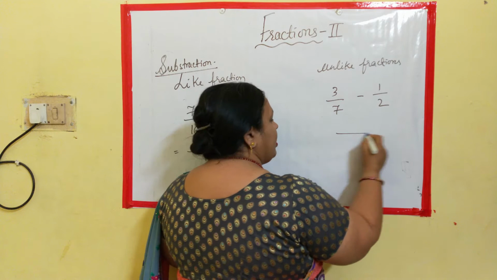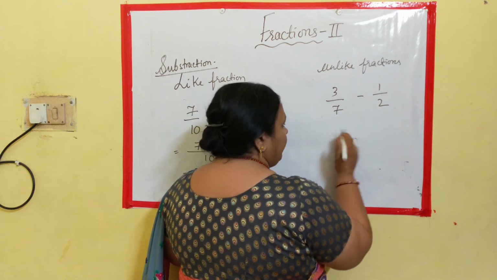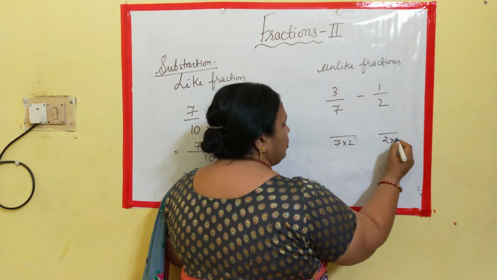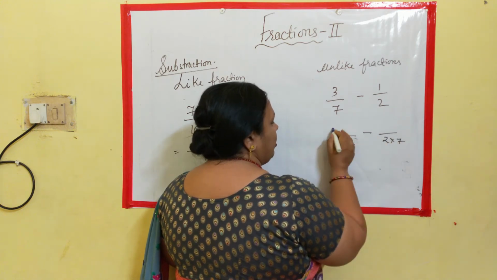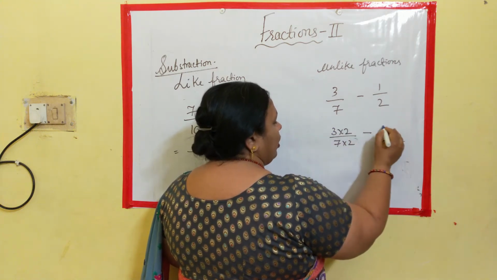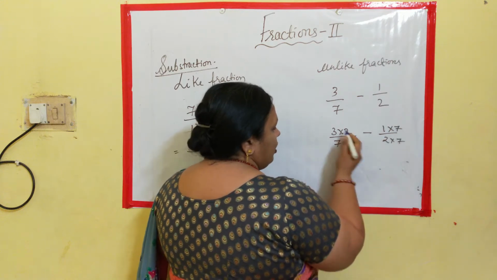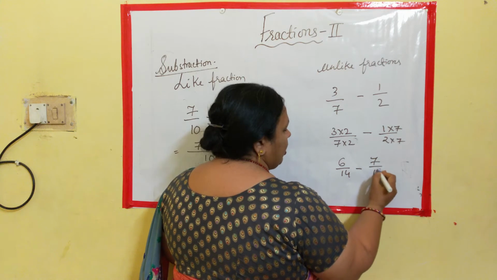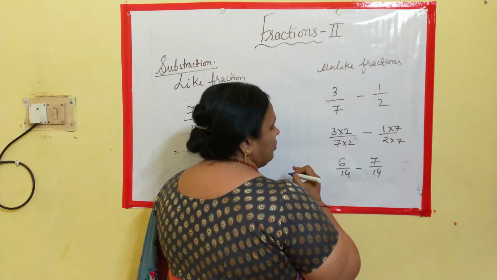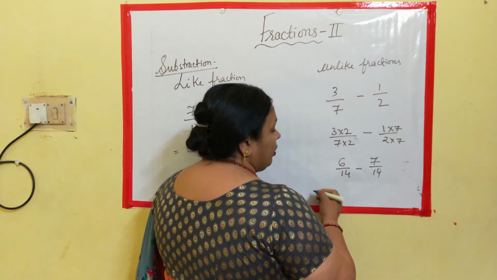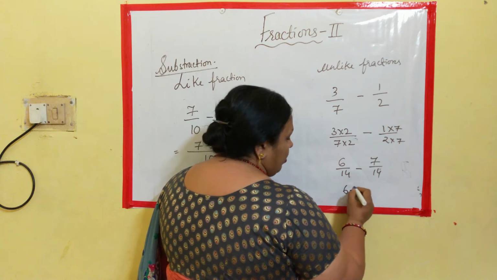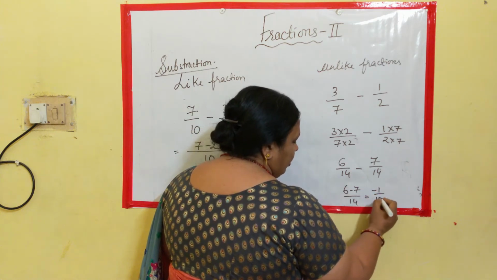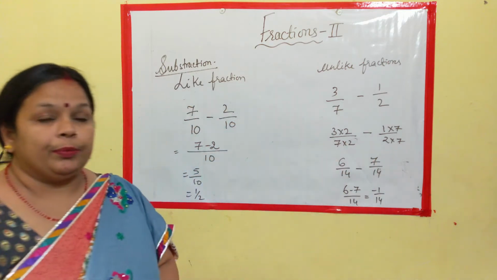The LCM will come as 14. So 7 into 2 and 2 into 7, subtraction in the middle, 3 into 2 and 1 into 7. So this comes as 6 by 14 and this comes as 7 by 14. Now 6 minus 7 by 14 is nothing but minus 1 by 14.